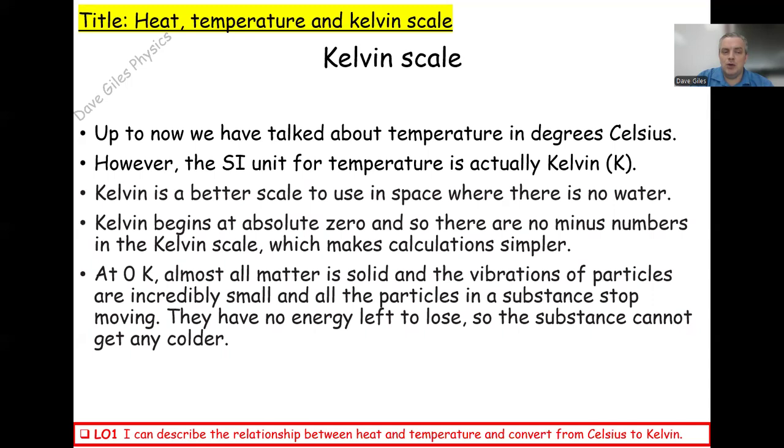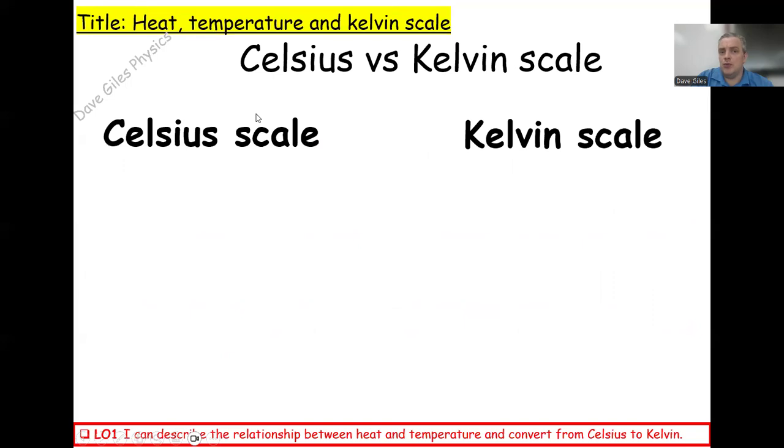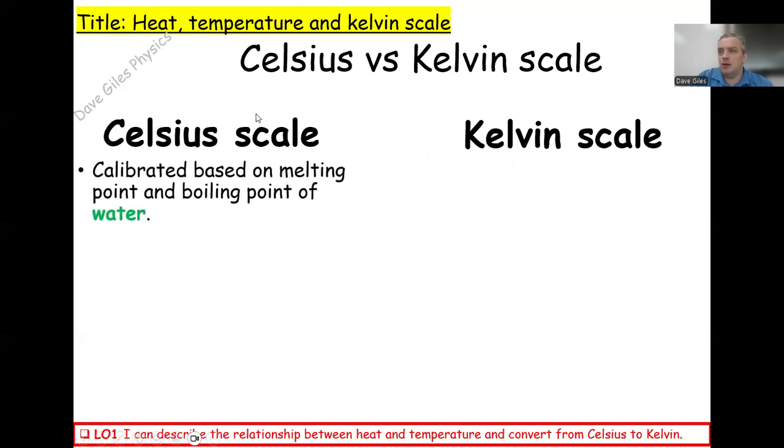So absolute zero is approximately minus 273 degrees Celsius, which is 0 Kelvin. The Celsius scale is calibrated based on the melting and boiling point of water. As you already know, at 0 degrees Celsius, pure ice melts.